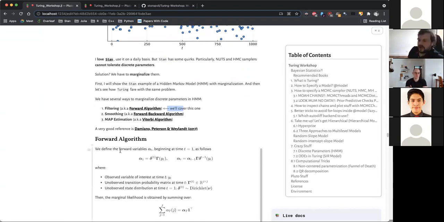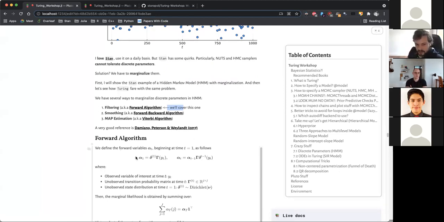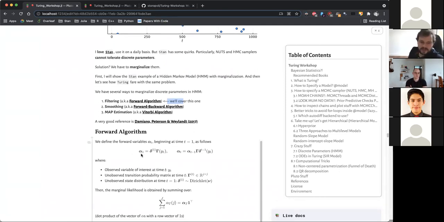So what are hidden Markov models? This is the whole maths. We define the forward variables as a vector of alphas, and they begin at a time t.